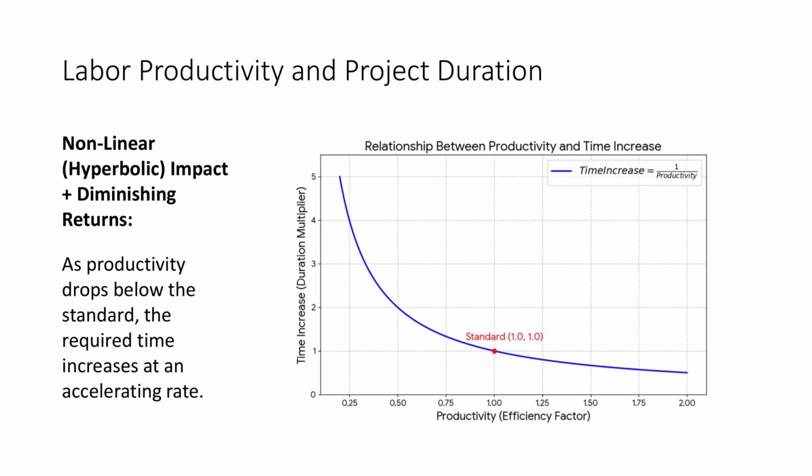There is a small return from an increase in productivity. At a standard point, we have 100% productivity corresponding to the baseline schedule. And according to that, you can go forward or backward to see what the impact of change in productivity on schedule is, which is a nonlinear relationship.